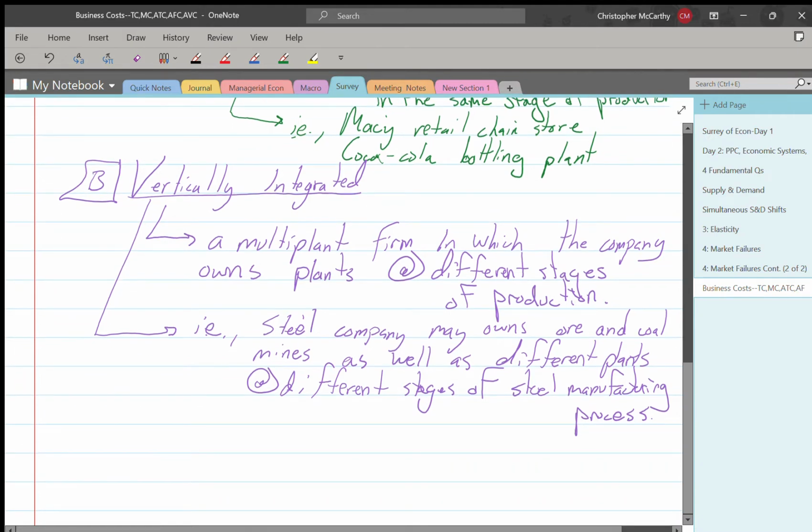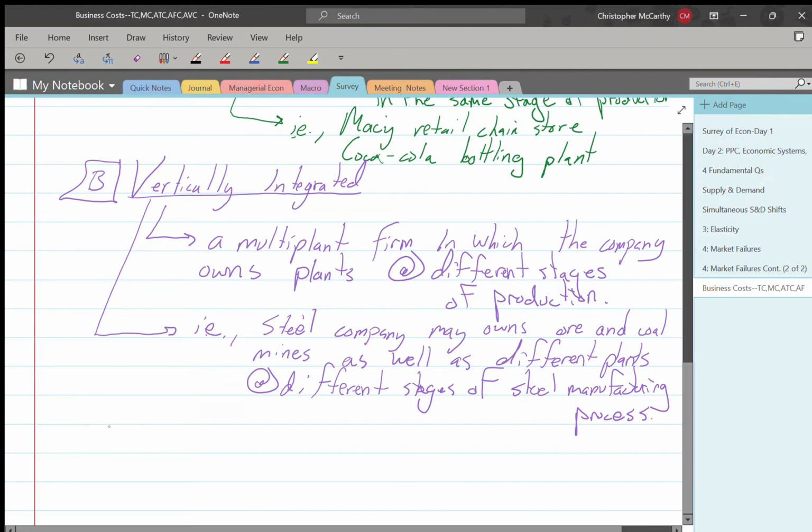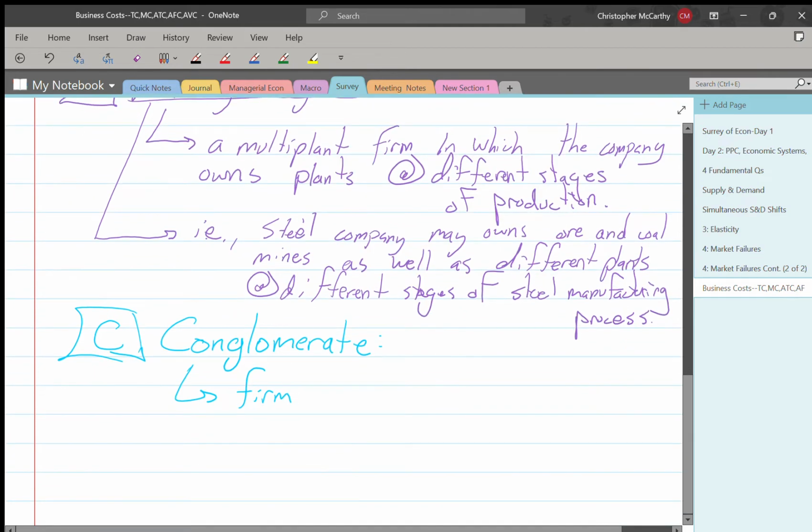And lastly, but definitely not least among any of these, is the conglomerate. So this is a firm that owns plants in different industries and different markets.